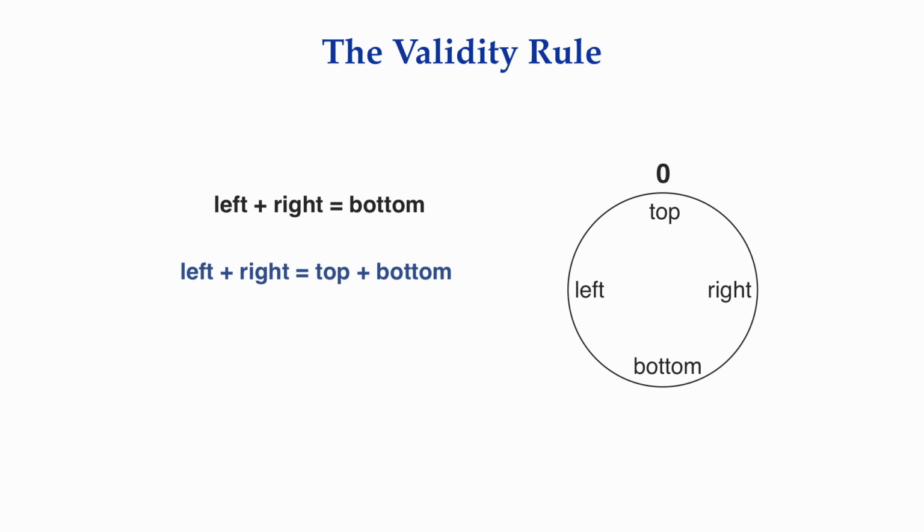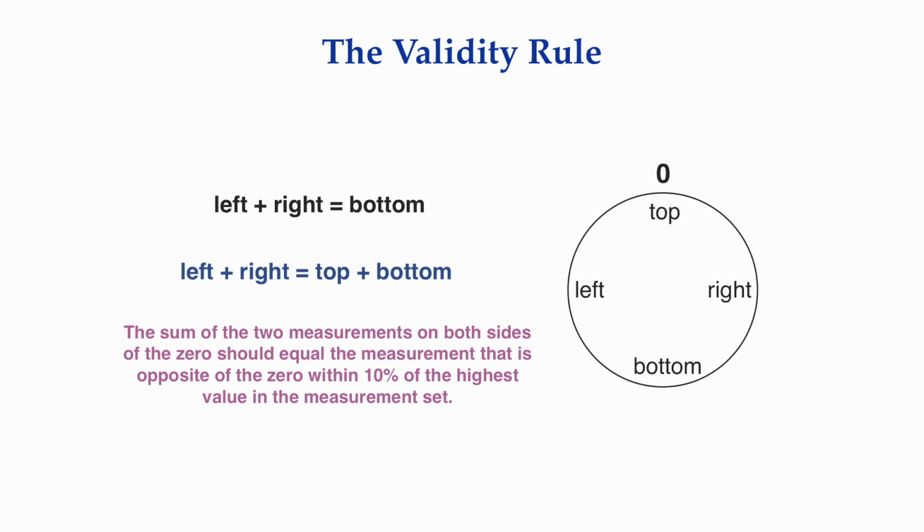And yet another way of saying this is that when you add the two readings that straddle the zero together, they should be equal to the reading that is opposite of the zero. The validity rule should work to plus or minus 10% of the largest number in the reading set.